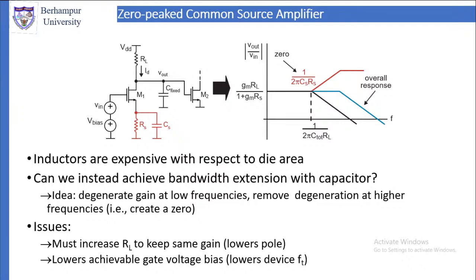R, C are in parallel, they are connected in series with source. So RS and CS, these are connected to source. So these two are connected here.